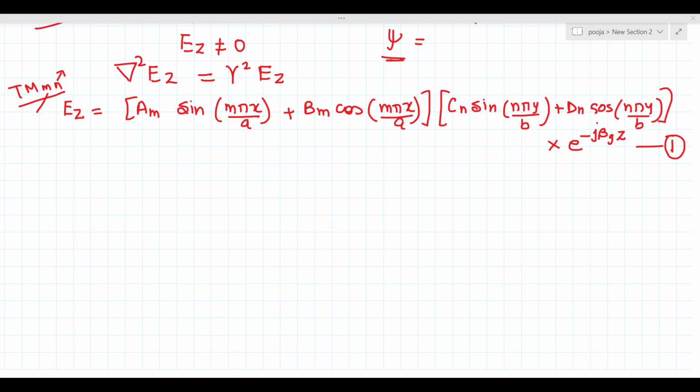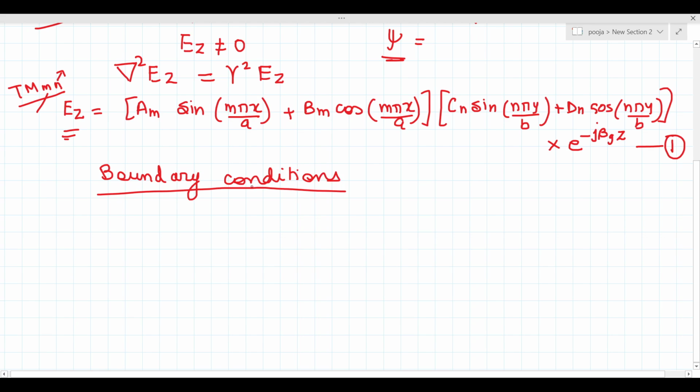So here you see we can apply the boundary conditions directly because we already have Ez. Okay, so let's apply the boundary conditions. One boundary condition says, let me redraw the waveguide again here to give you an idea.